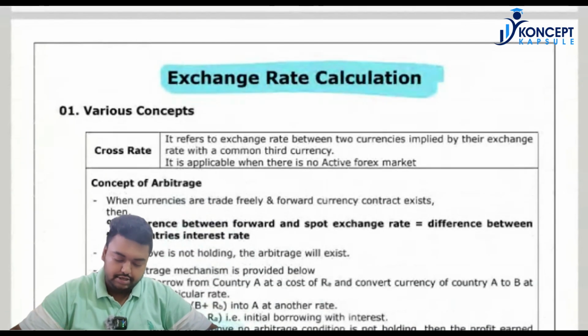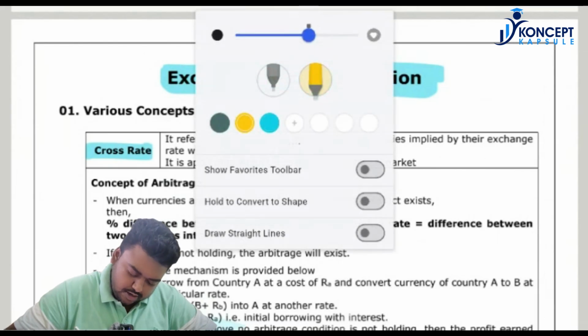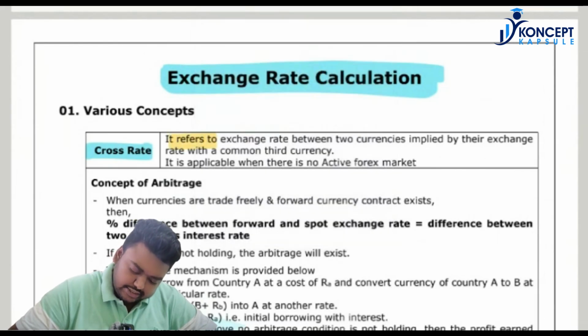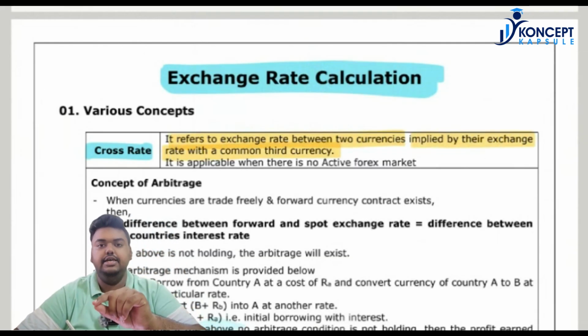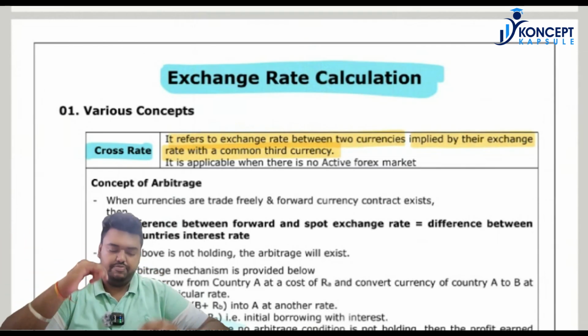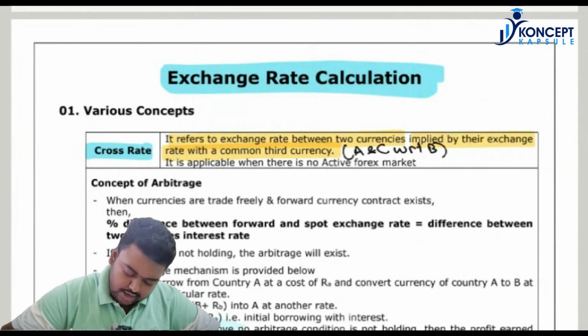So let us read what is cross rate. It refers to an exchange rate between two currencies implied by their exchange rate with a common third currency. Yes, basically the exchange rate between A and C is denoted in terms of B. It is applicable when there is no active forex market.